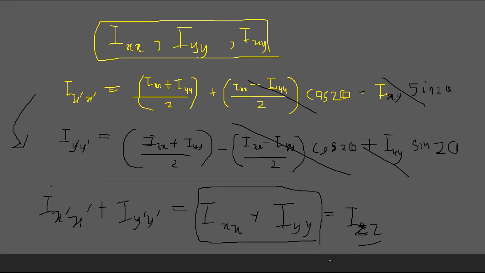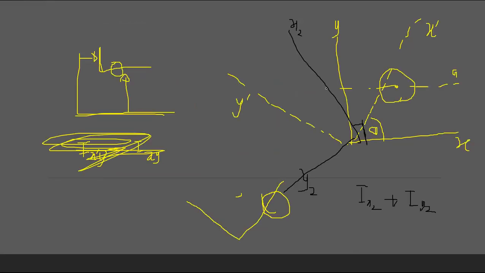And I told you I'm going to give you the parallel axis theorem. This is okay when you are rotating, and when you are translating, let's say it's like this. This is x dash and y dash, and this is going through the centroid, x and y.